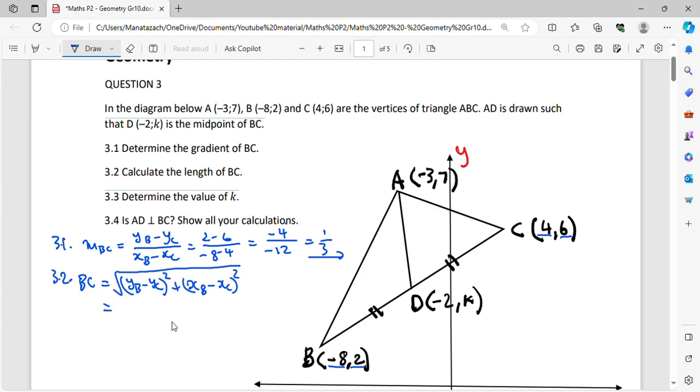That's the formula. So y at B, we've already established, is 2 minus 6. Then x at B, you'll have in this bracket minus 8 minus 4 squared.